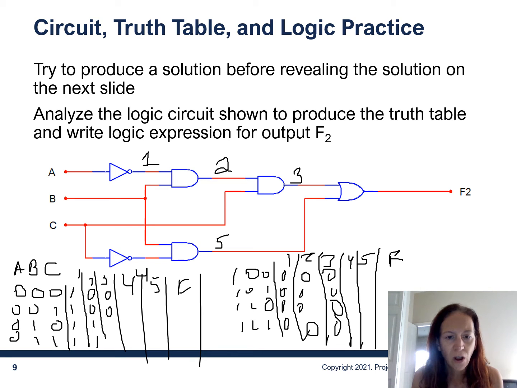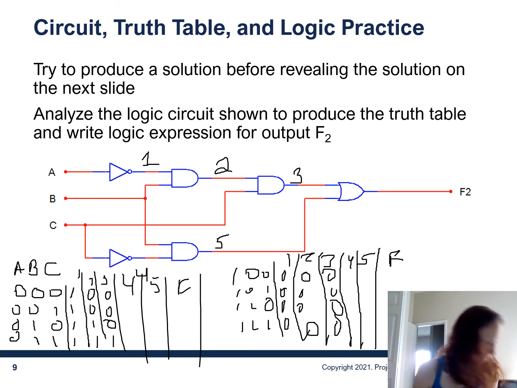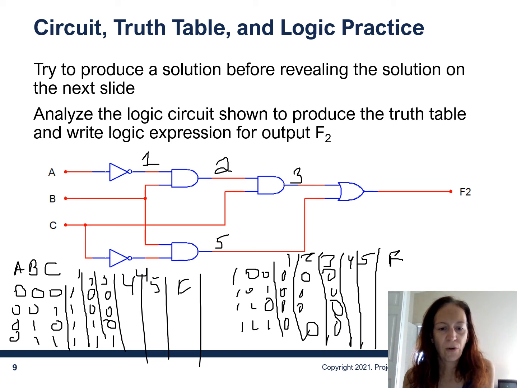Here C is low, which means the AND gate can't go high, but here is the only place where they're both high. Now 3 is one of the things going into my final gate to get the F2. So I'm going to highlight that, make that column a little bit easier to see.